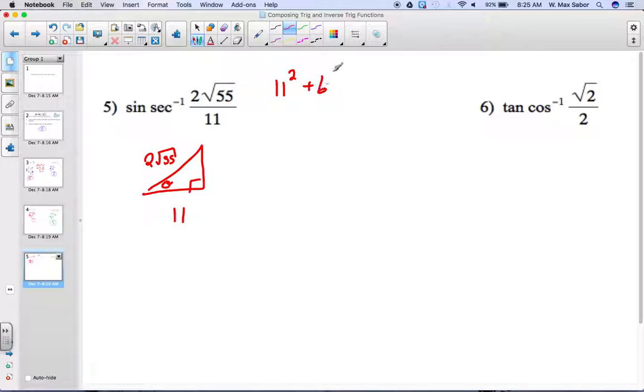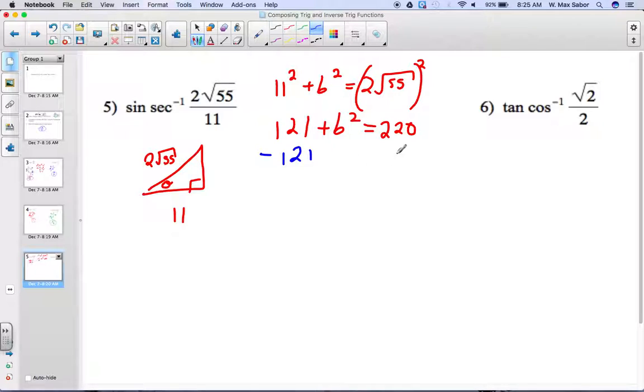11 squared plus b squared equals 2 square root of 55 squared. So that's 121 plus b squared equals 55 times 4. 55 times 4 is 220.